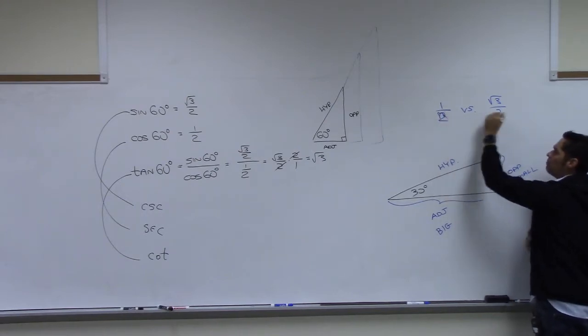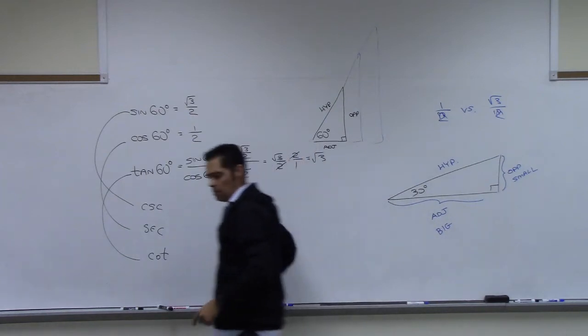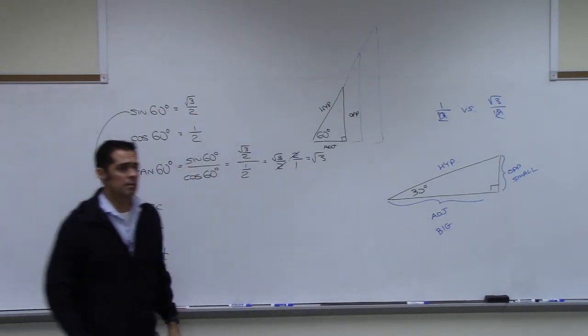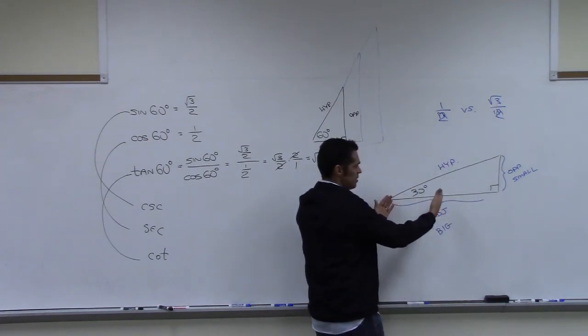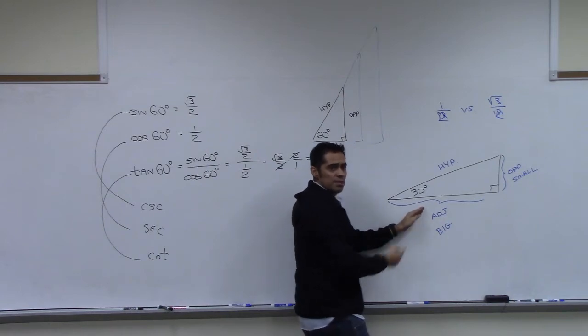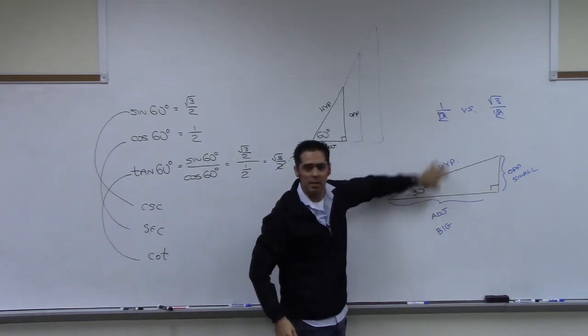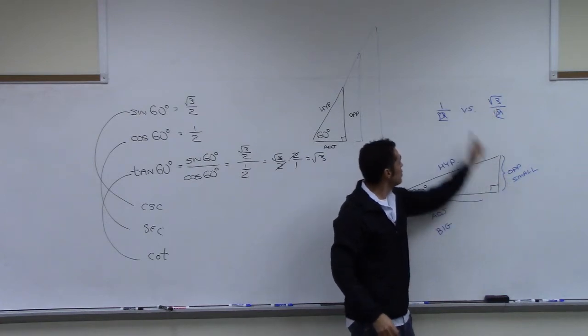So ignore it. Which of those is bigger, 1 or root 3? Root 3 is bigger than 1. So in 30 degrees, the bigger side right here, this should be the cosine part. The cosine should get the root 3. And the smaller side should get the 1.